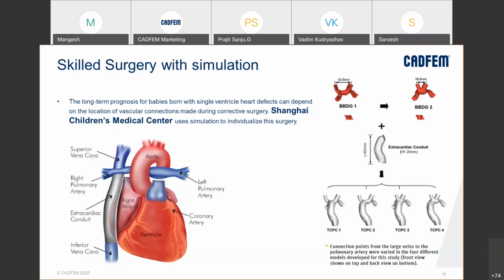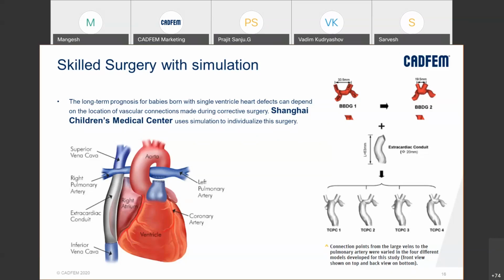So a particular surgery has to be performed in order to modify the network, okay, in order to avoid the load coming onto this heart. Again, I'll not go into the details of this surgery, but I'll give you a brief understanding here.